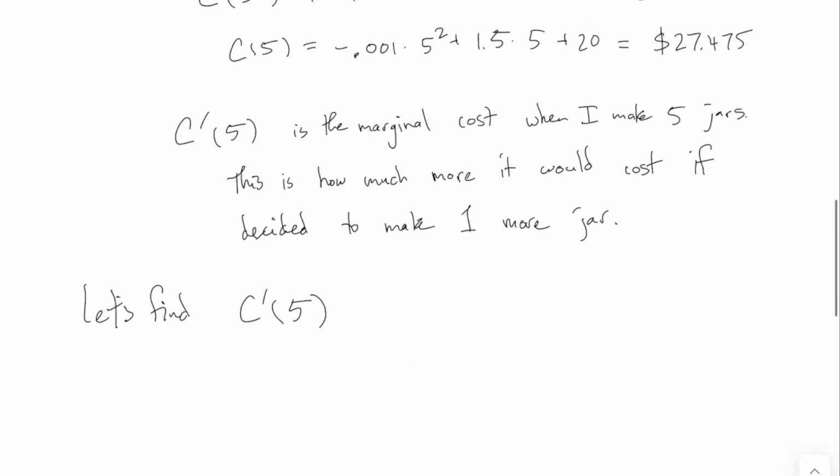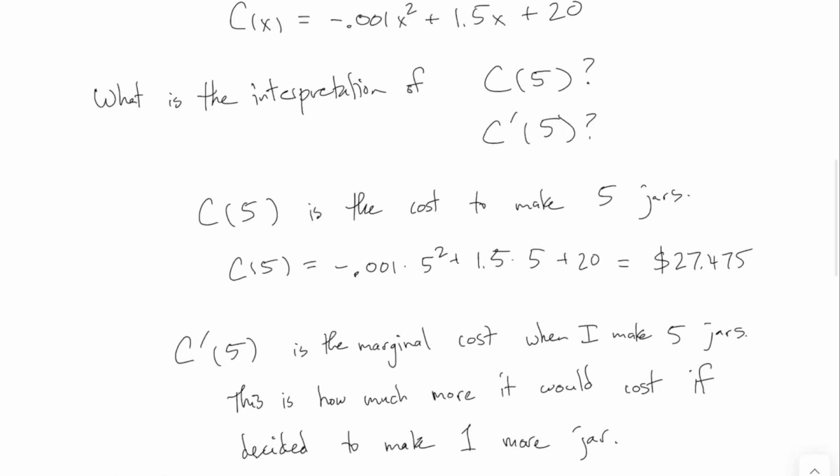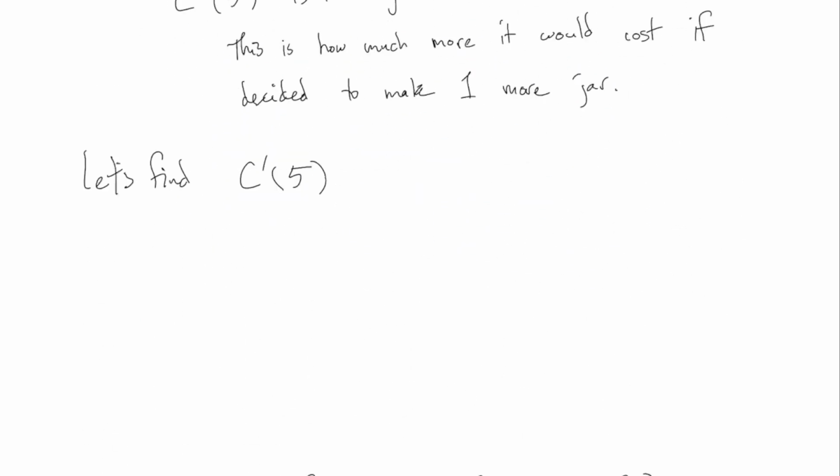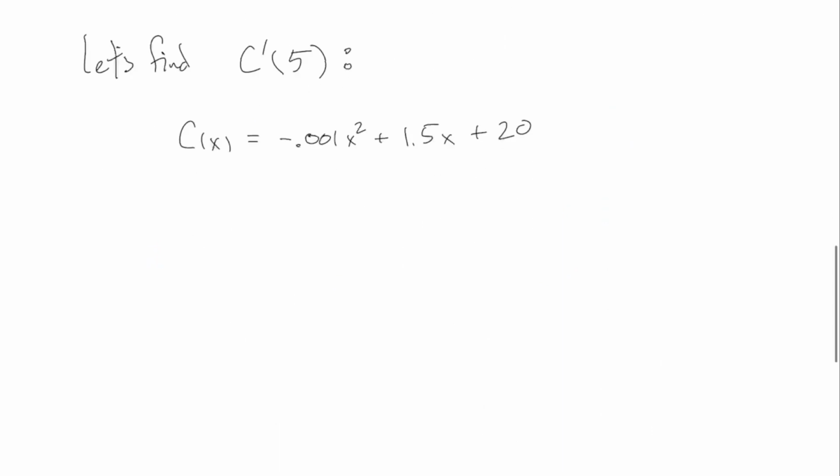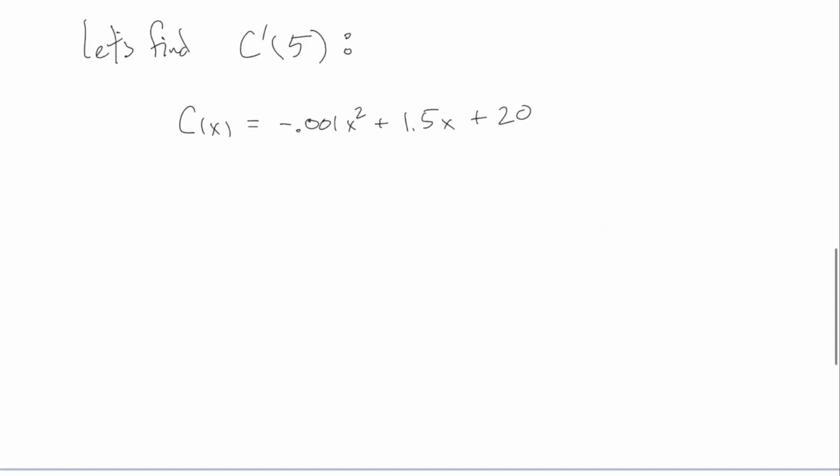So you need this formula here. I'm just going to copy it down there so I don't have to scroll. And here we're going to do a fairly complicated instantaneous rate of change formula. So C prime of 5 is, all right, you do this limit thing, right?